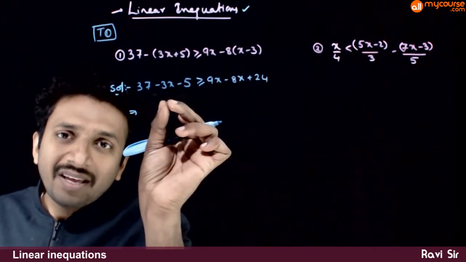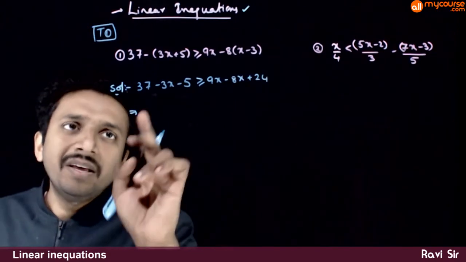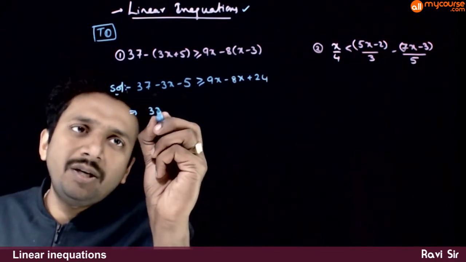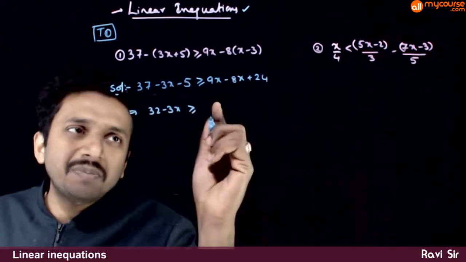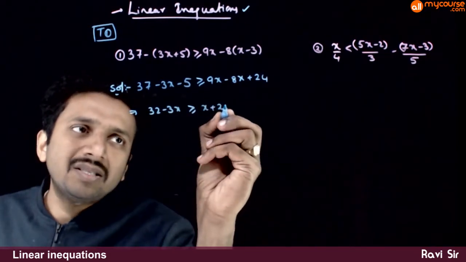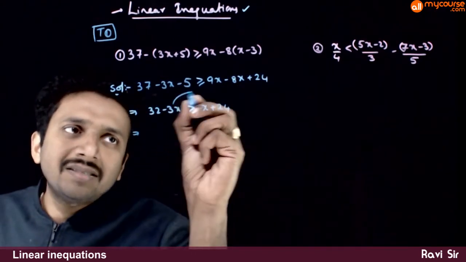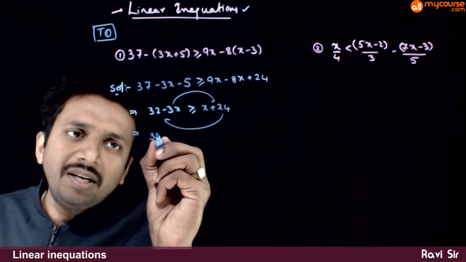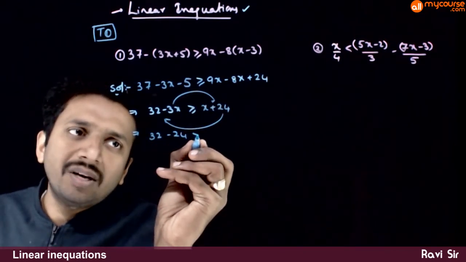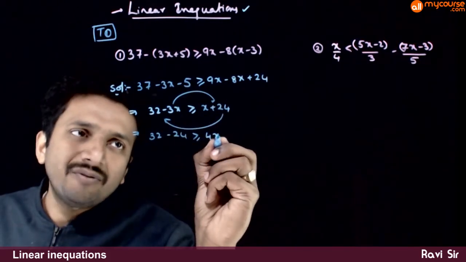I'll simplify the x's and bring all x's onto one side and all constants onto the other side. 37 minus 5 is 32 minus 3x is greater than or equal to 9x minus 8x is x plus 24. This implies if you take minus 3x onto this side and 24 onto this side, 32 minus 24 is greater than or equal to x plus 3x is 4x.